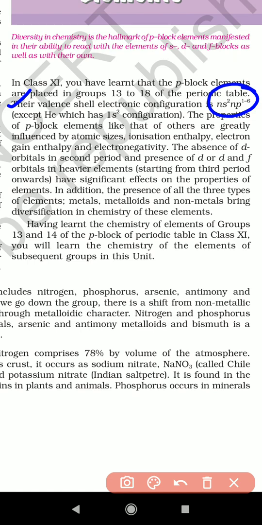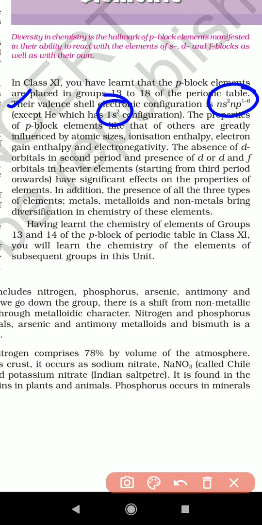Except helium, which has 1s2 configuration. In the 18th group, helium is the exceptional case and shows only the 1s2 electronic configuration.